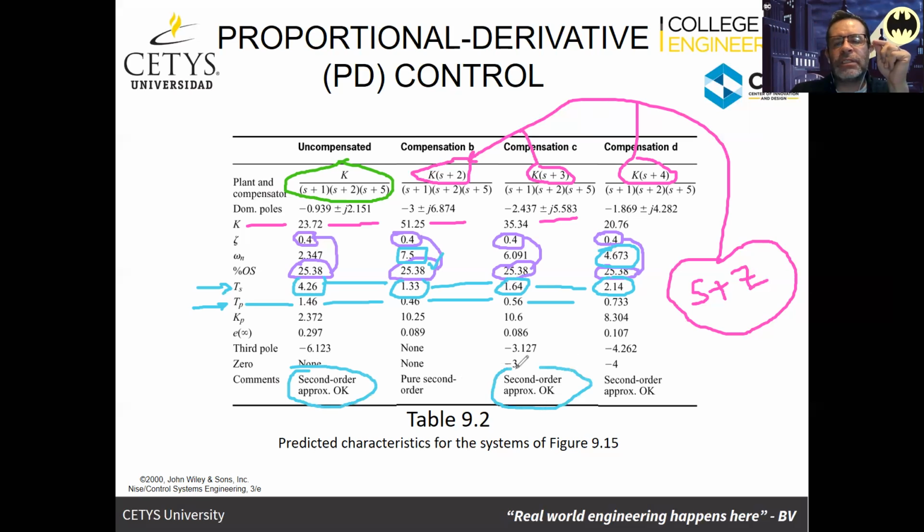There's going to be certain situations where the response cannot be approximated to a second order system. Meaning if I take these values, the damping and the natural frequency, and I represent these as a pure second order system, and I compare the response of this system, which is not second order, we're going to notice a difference.